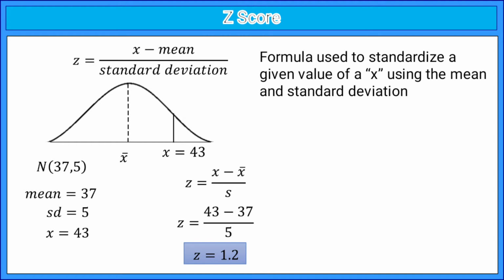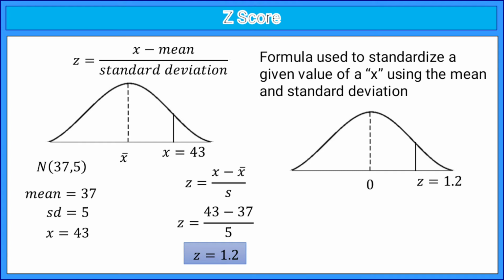In order for us to see where the 1.2 is in our standard normal distribution, let us plot it, like plotting a number line in a graph. On the left side of our distribution will be the negative values, and on the other side will be the positive values.